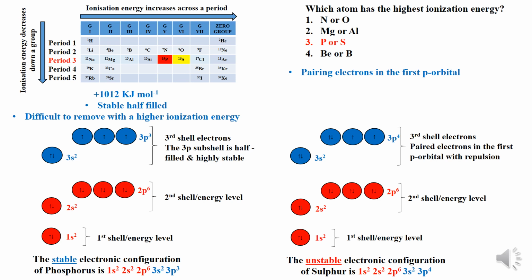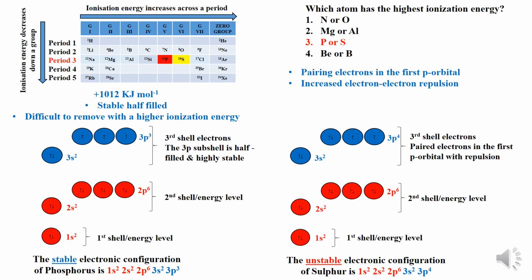So the third shell contains a total of 4 electrons. The 3p orbital in sulfur contains a total of 4 electrons, and in the first p orbital the electrons are paired, while in the other two p orbitals you find 1 electron each, unpaired electrons.